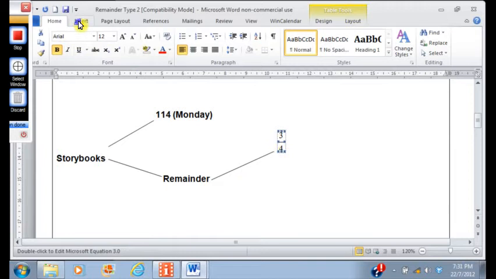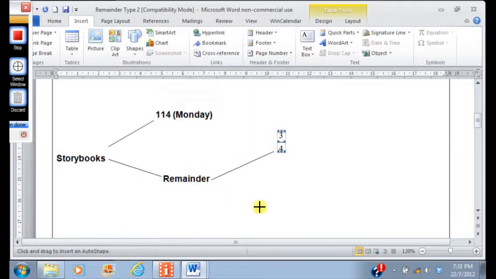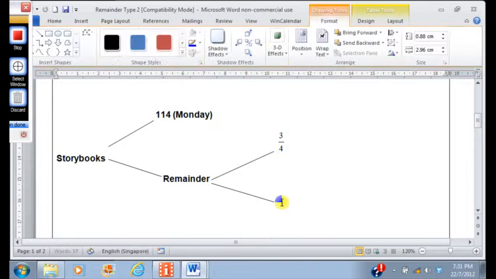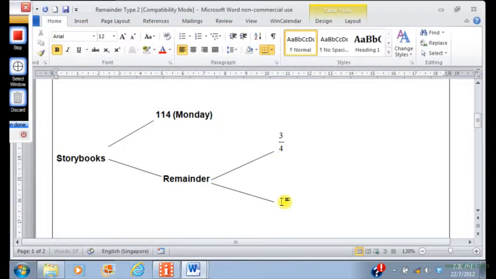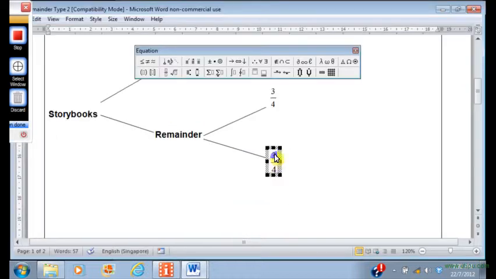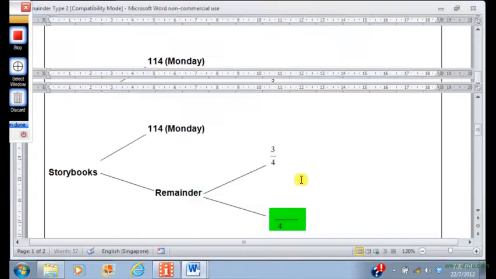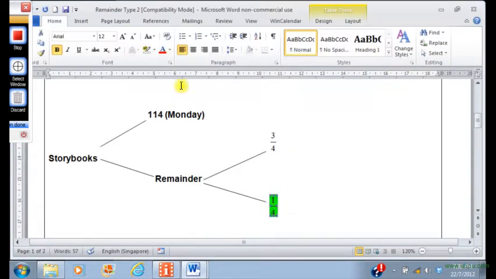If this is 3/4, then this one will be one-quarter, since we now know that there's a fraction here and there's a fraction here. Branch method, I know that these two must always add up to one whole. But here and here, I don't have a fraction, so I just leave it as remainder.